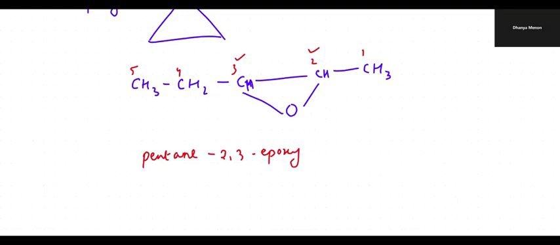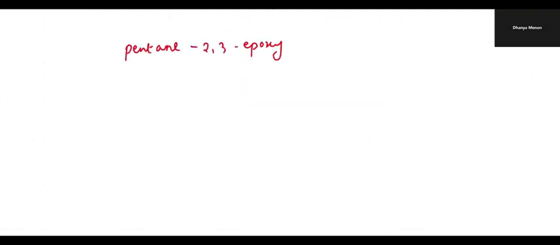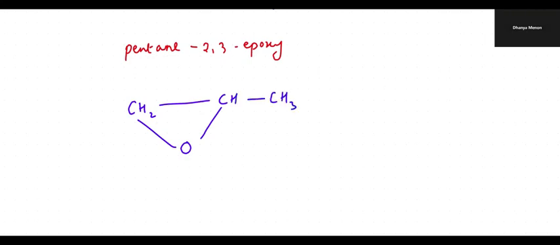There's more about it we will learn in grade 12. Okay, so for now, just giving an example. Similarly, CH2, CH3. Okay, so here the numbering starts from here, 1, 2, 3.